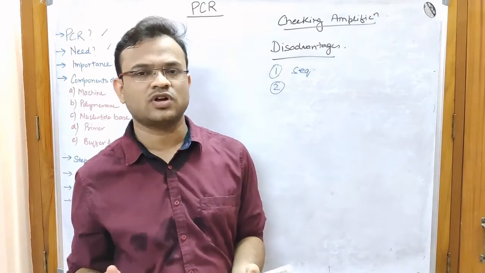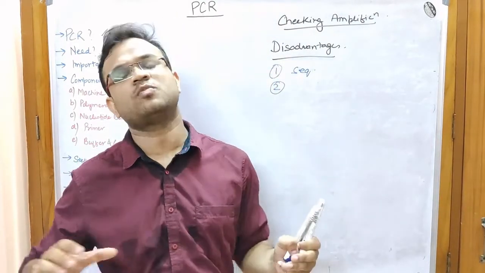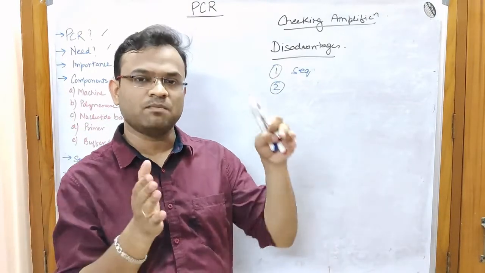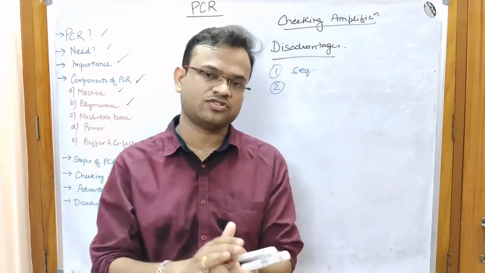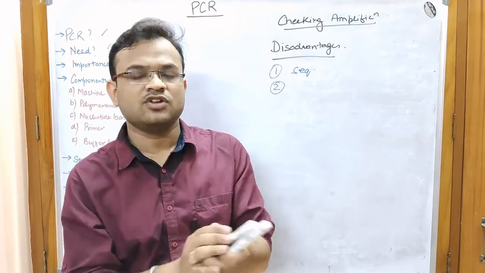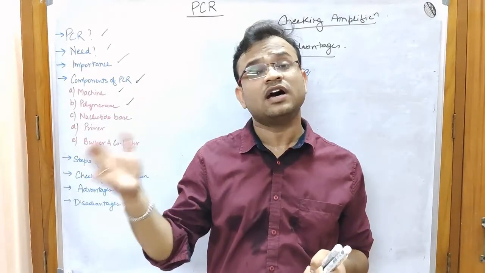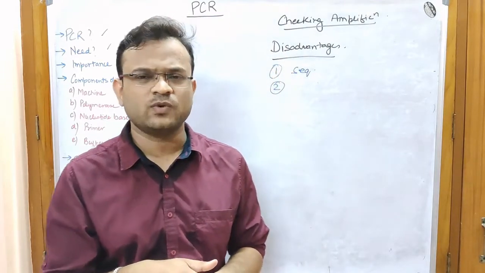Suppose it is a 5 or 6 hour process, and you can only check your product after you run the gel. You cannot check in between. Whatever happens in your reaction happens in your reaction mix. You can only check it after your DNA is run on the gel. So this is also an important disadvantage.